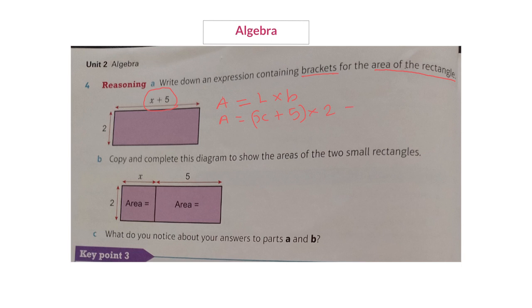Okay, another good way to write this is you can also interpret this as 2 into bracket x plus 5. These two are the same, right? It doesn't matter where the 2 is standing for the multiplication, either on the right-hand side or here.